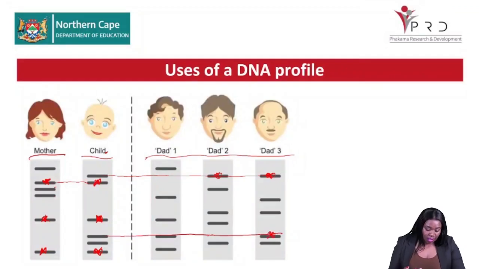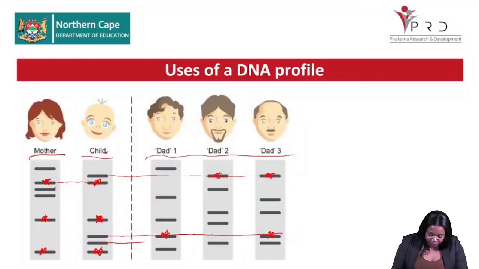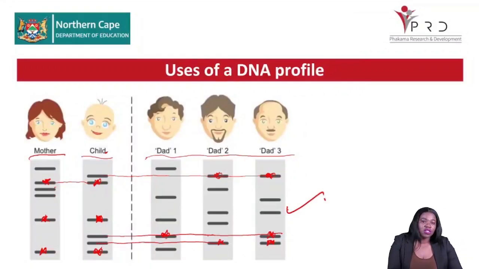So far we can see that chances are that dad 3 is the father, because dad 1 only has 1, dad 2 only has 1, and dad 3 has 2. Right. And then the third one, the second last one from the child, it matches with dad 2 and dad 3. So we can then say that the father of this child is dad 3.